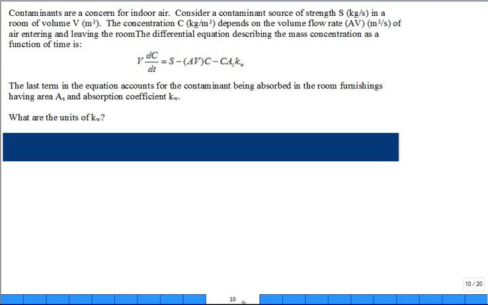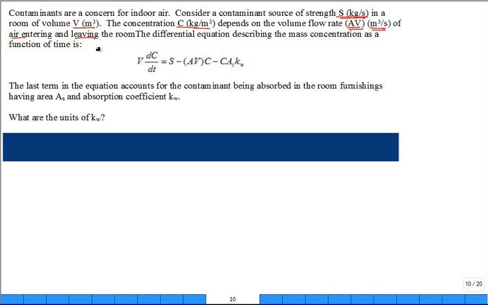Contaminants are a concern for indoor air quality. Consider a contaminant source of strength S, where the units on S are kilograms of that contaminant per second in my room. In the room of volume V in cubic meters, the concentration of the contaminant, kilograms of contaminant per meter cubed of the air in the room, depends on the volumetric flow rate in meters cubed per second of the air entering and leaving.